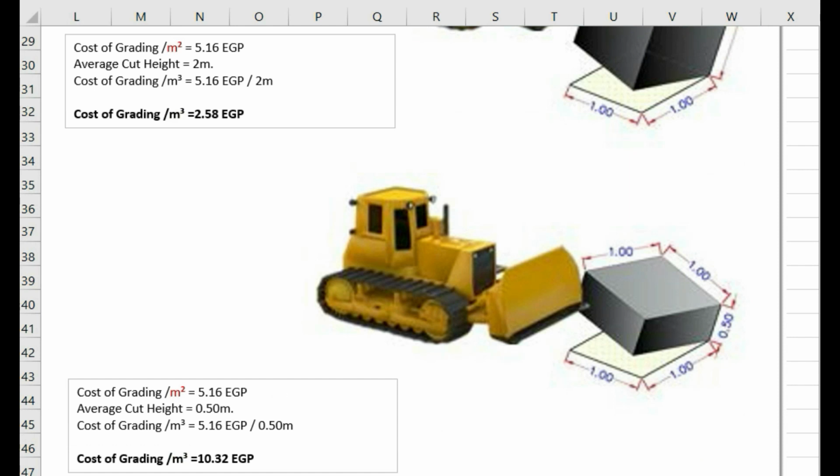The tender document in such a kind of project always includes the horizontal and vertical alignment design, whether hard copy or soft, from which we can get the approximate average height of cut, bearing in mind it is measured from the bottom of subgrade, we call it Ferma in Egypt, to the surface of the natural ground.